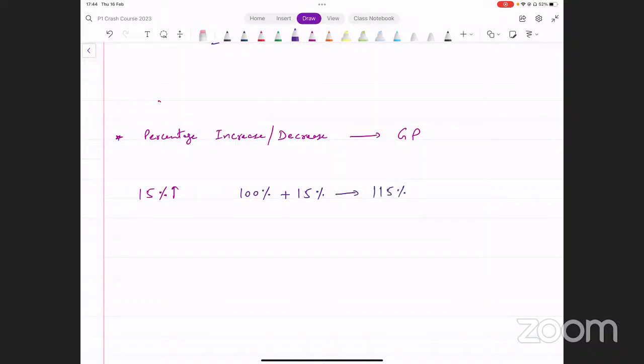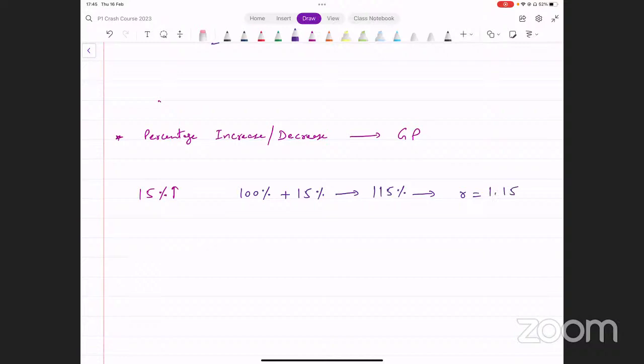So every next value is 115% of the previous value. Now, if you were to just write this thing in decimals, remember how we used to write percentages in decimals? This means 115 divided by 100, and that gives you 1.15. That is going to be your ratio. So your ratio is 1.15.